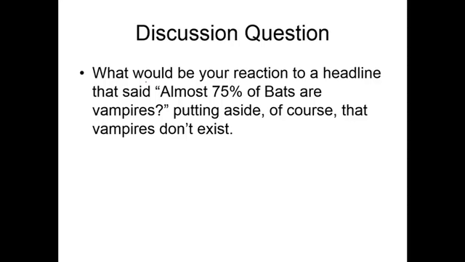What would your reaction be to a headline that said almost 75% of the bats in Grubbs Hall are vampires, putting aside, of course, that vampires don't exist? Well, the thing is, that's only one end of the confidence interval.